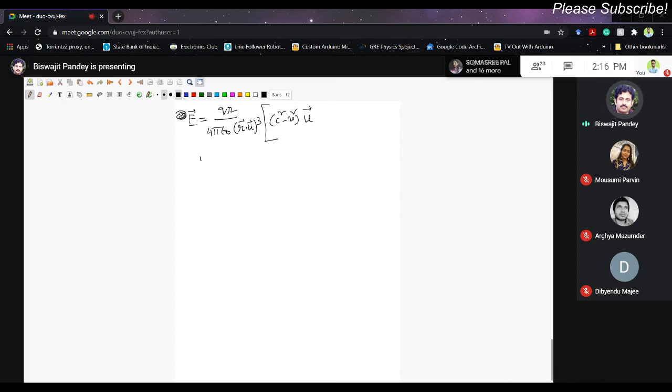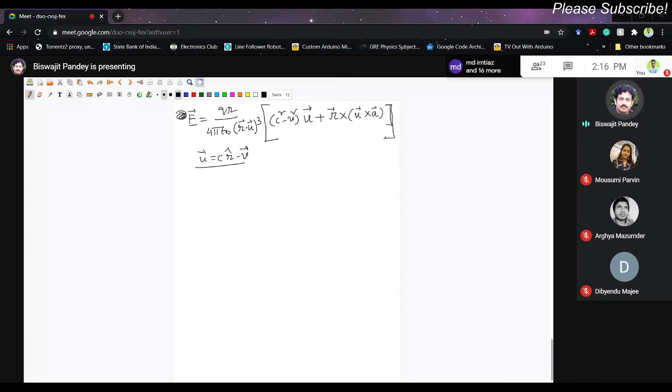Again I'm writing it, U is C into R cap minus V. Plus the last two terms can be combined into a cross product, R cross U cross A. So this is the simplified expression for electric field.